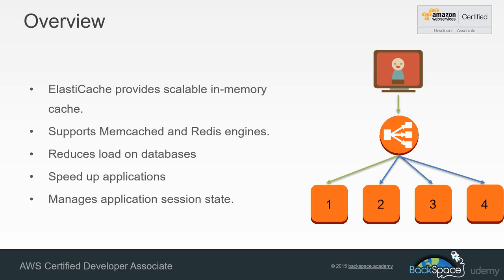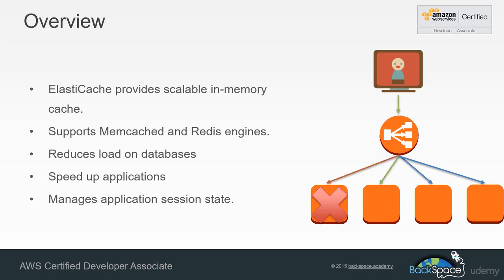In this situation, the person is connected into the first EC2 server, and they might be on a game that has high score data. They might be filling out some user profile data in a form or whatever. That's temporary session state storage that we want to maintain, but not forever, just in the short term.